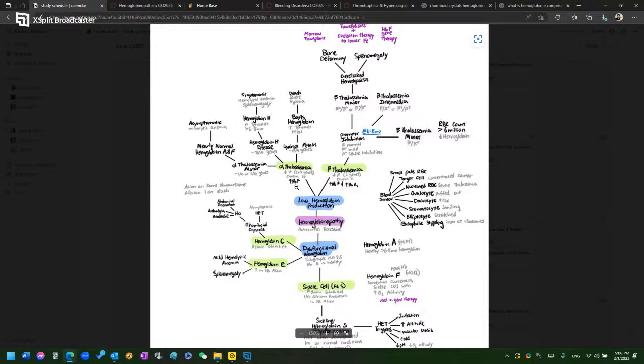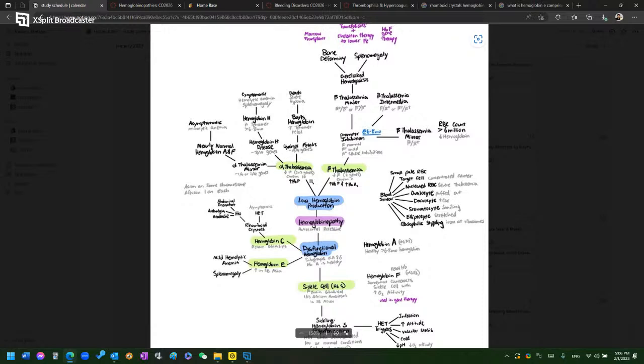But I think we should forget this HbF. Essentially, for alpha thalassemia, everything is dropped. It just so happens that it seems like hemoglobin A is dropped more for some reason.